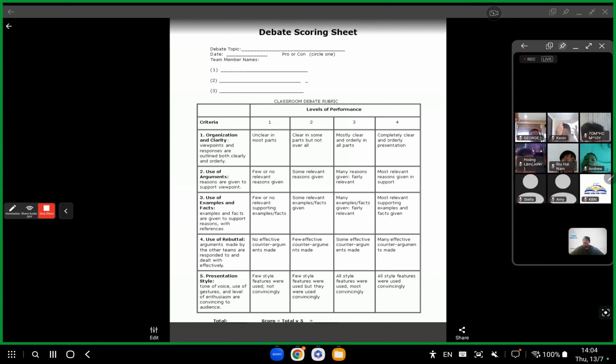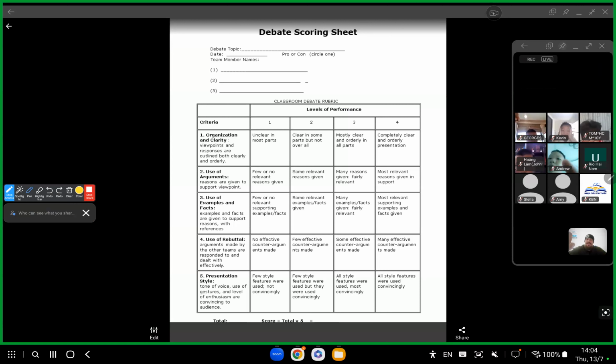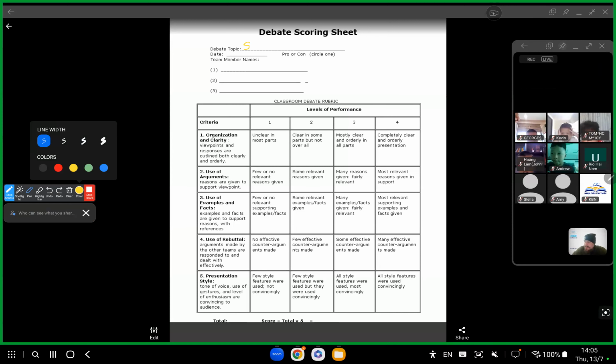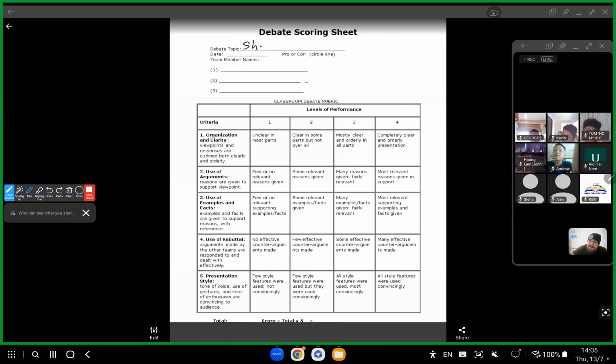So I'm just going to pick 3 names at random and make you a debating team. So let's say the topic is... Why is that yellow? I don't like yellow. So the topic is, should children own smartphones?